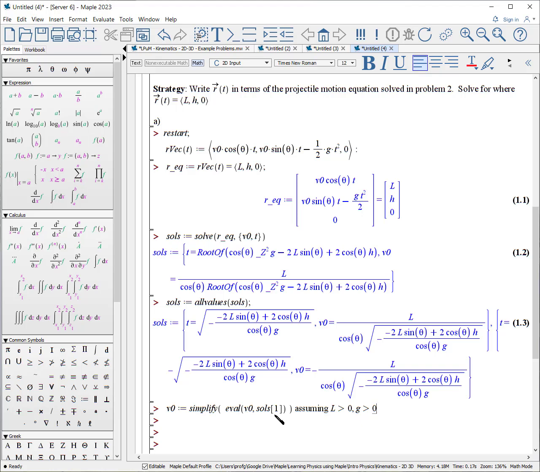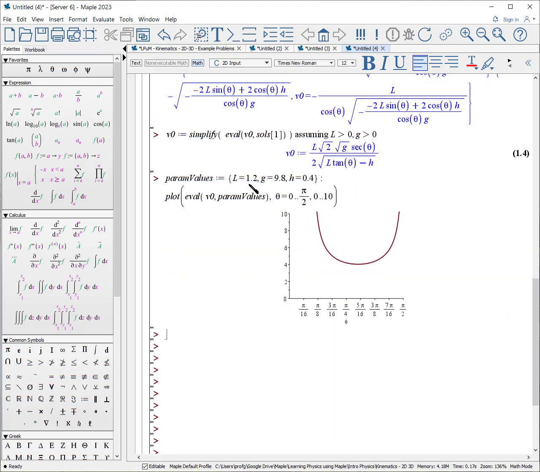Extracting out the first solution for V0, simplifying, we know that L is greater than 0 and g is greater than 0, and trying some particular values for distance and height above where I launch the ball, we get a plot of the velocity versus angle, starting from 0, which is shooting straight horizontally, to straight up.